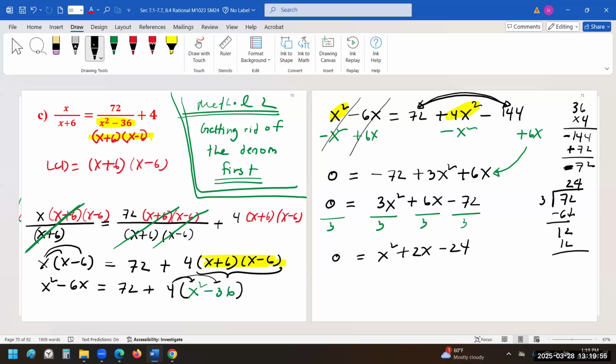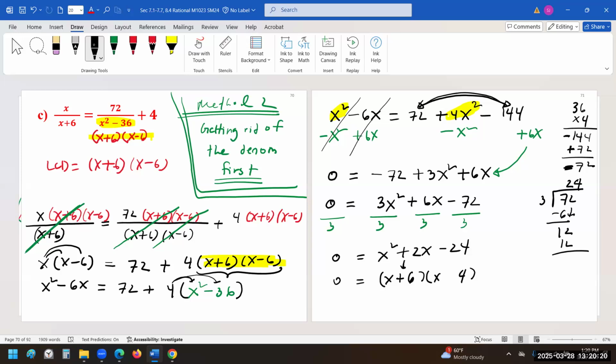It becomes a simple quadratic equation. Can you factor this? 2 numbers multiply to negative 24. 6 and 4. How about their signs? 6 has to be plus because of this.